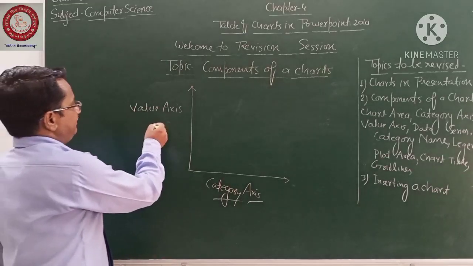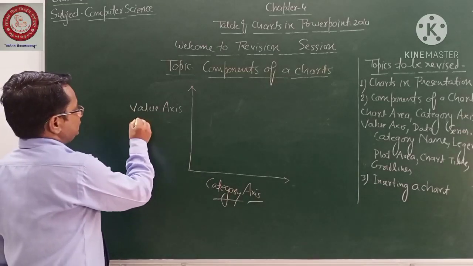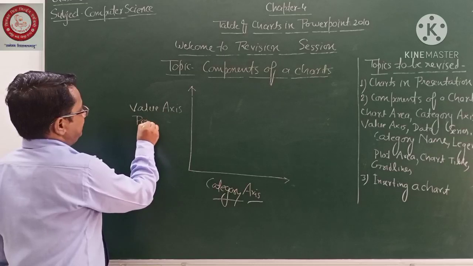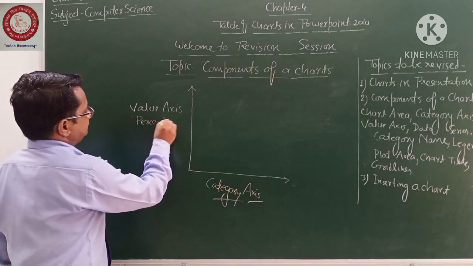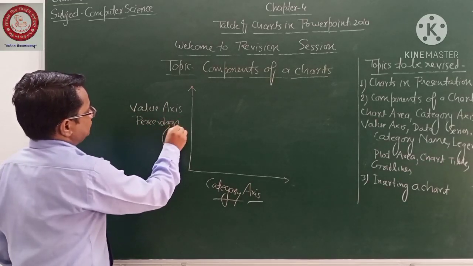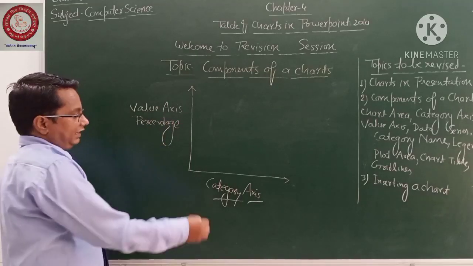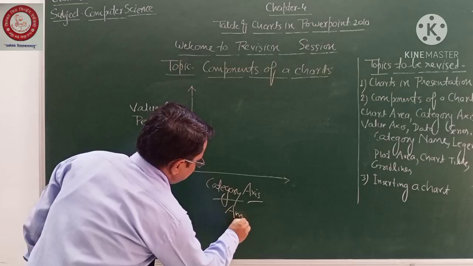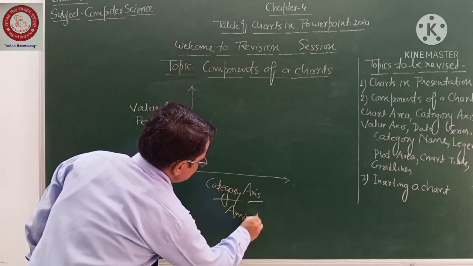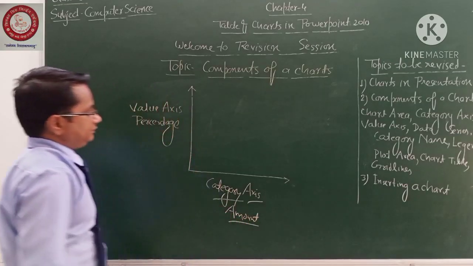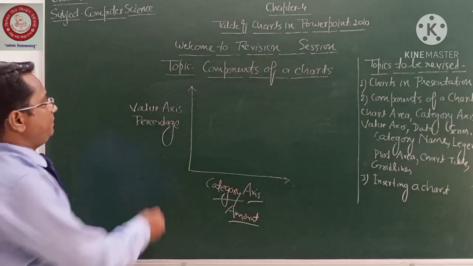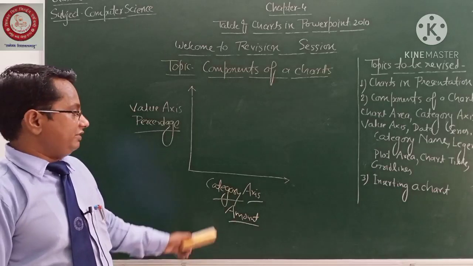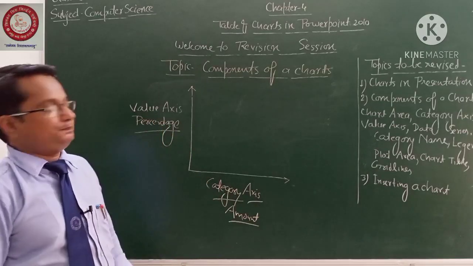Suppose I have written here percentage, right? And I can give the name of this category also. I can write here amount, right? So this is already labeled now.